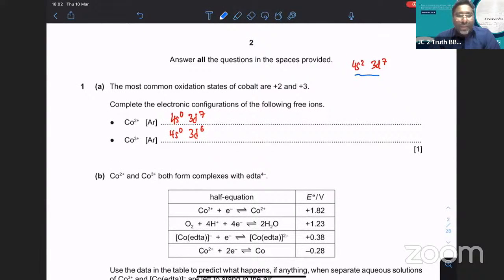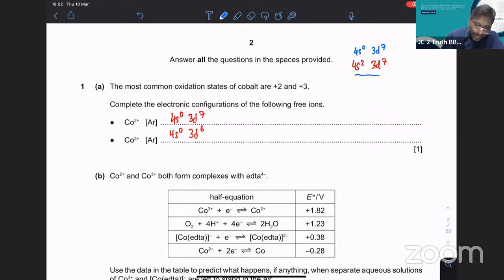When you remove electrons from cobalt, let's say you want to remove 2 electrons, we remove the 2 electrons from the 4s orbital. So the 4s becomes 4s0, and you are going to get 3d7.